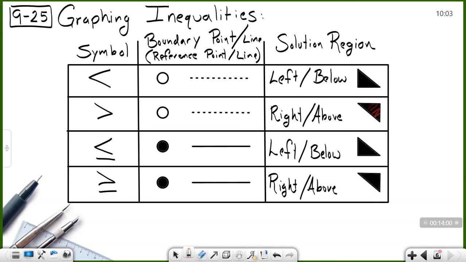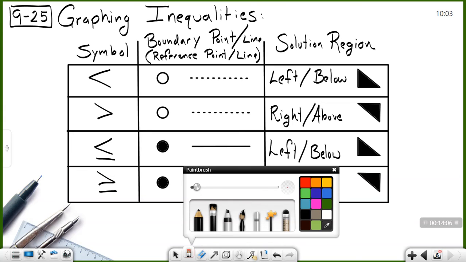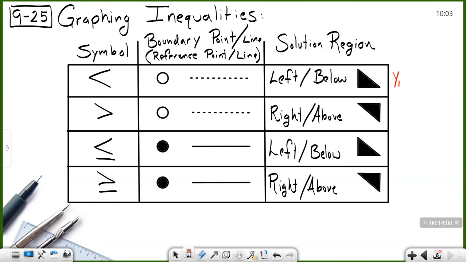These symbols are actually the symbols that you can use in your graphing calculator when you go into the y equals section. You'll see in there y1 equals, and then you can put in your equation like 2x plus 3, and over to the left there's usually just a line.